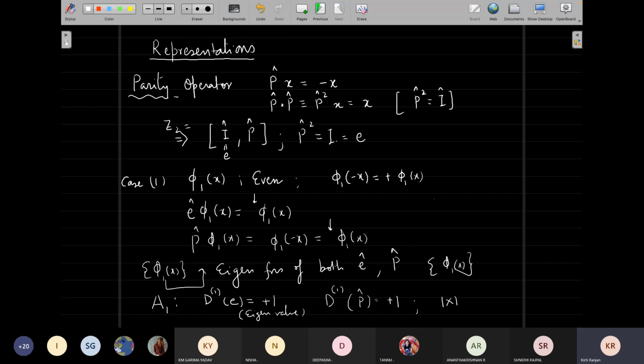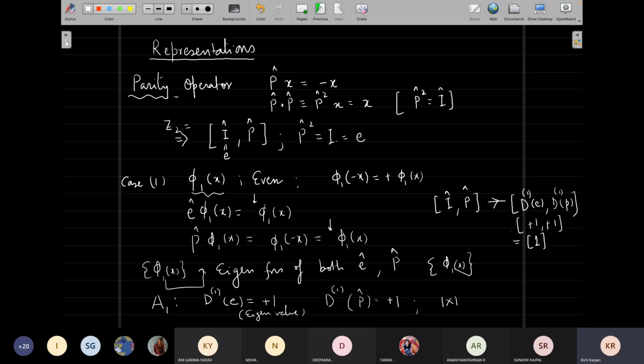So suddenly, interestingly, if I consider the space of even functions, then my group elements E and P get mapped to two elements, D1(E) and D1(P), and I call this my first representation, which is actually a very trivial representation, in which both the elements get mapped to only one element.